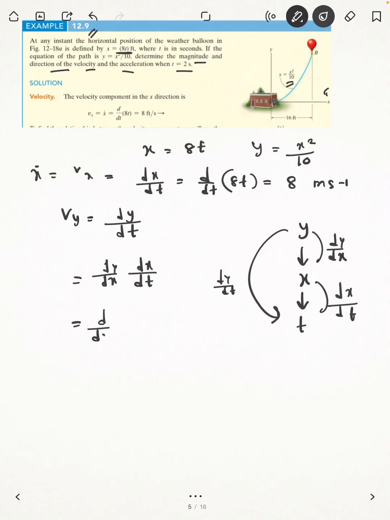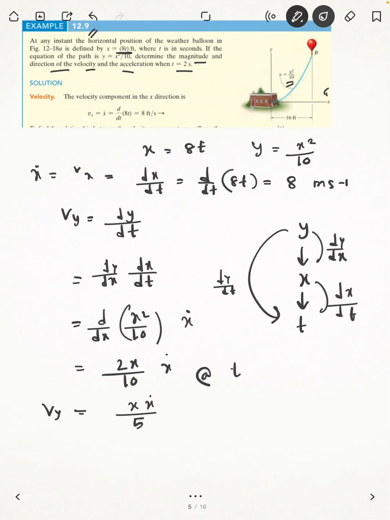So what should be dy by dx? Y is x squared by 10, and dx by dt is x dot, the time derivative, that means vx. So it should be 2x by 10 times x dot, I can write x dot x by 5, that is basically vy.